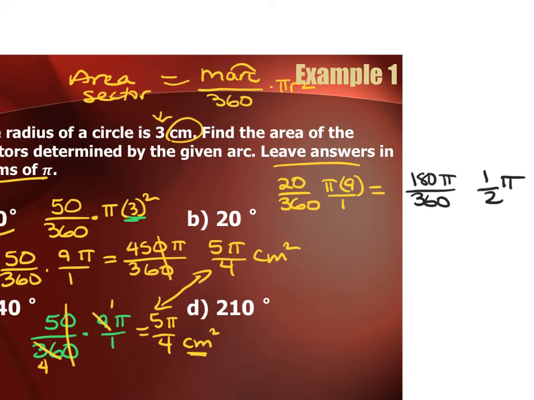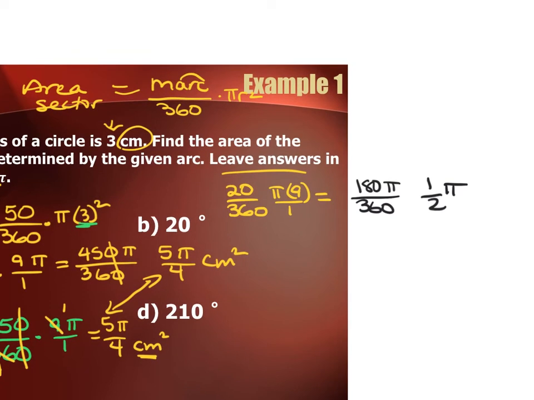Now, you can either write your answer as 1/2 pi, or you could even put just pi over 2, or 1 pi over 2, and make the 2 underneath the whole thing. Either way, or just put the 1/2 in front. You just can't put the pi in the denominator.